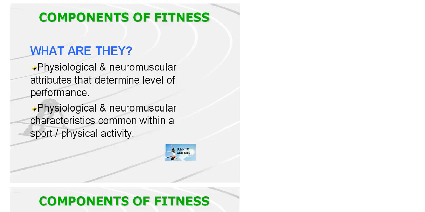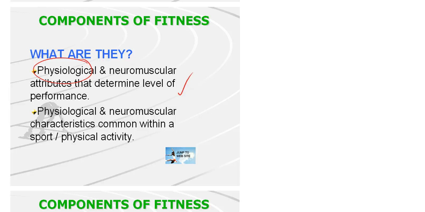So what are components of fitness? They are physiological and neuromuscular attributes that determine level of performance. So if we are better determined to work with respect to our example aerobic capacity, then we will perform better at the sport.